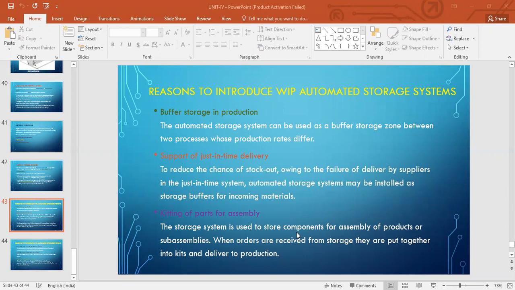The storage system is used to store components for assembly of products or sub-assemblies. When orders are received from storage, they are put together into kits and delivered to production. So basically to be able to have those kits stored so that we can have the assembly or sub-assembly of products, even that is another reason. Clear?